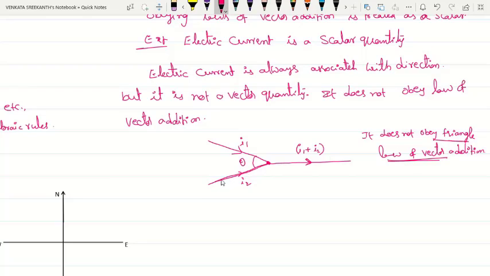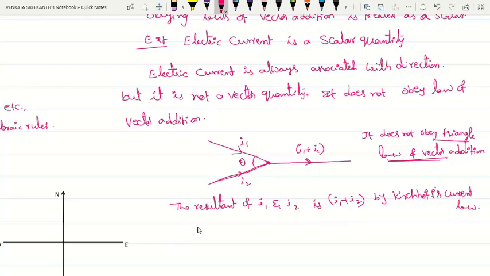Next, the resultant of I1 and I2 is I1 plus I2, by Kirchhoff's current law. We will discuss Kirchhoff's laws in our second year intermediate.